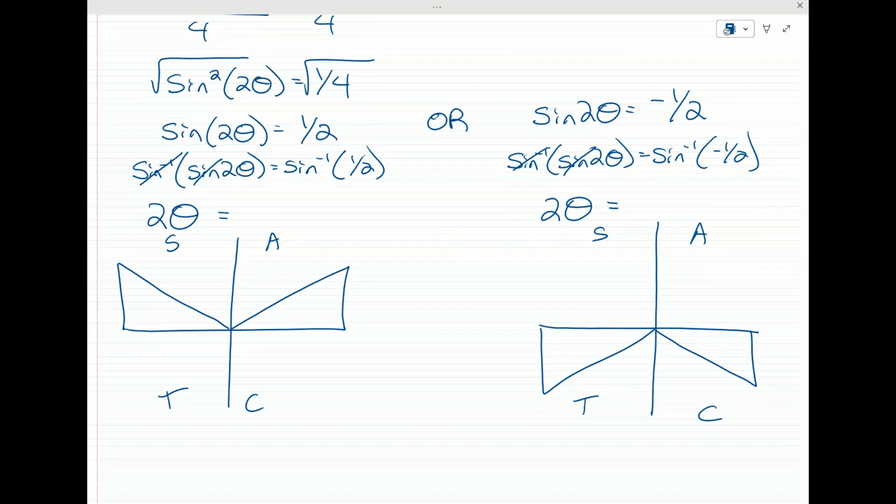In order to get 1/2, I remember that comes from the 30, 60, 90 triangle. So this was 1, 2, and root 3. Sine of 30 degrees would give us 1/2.